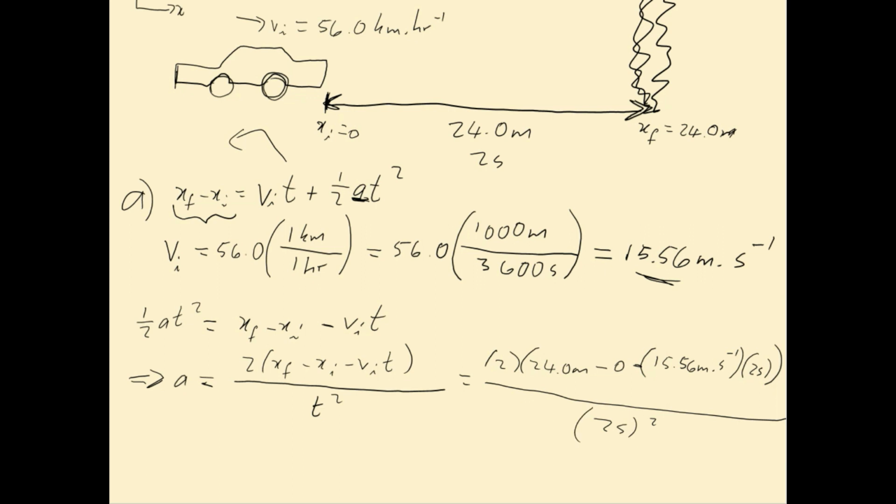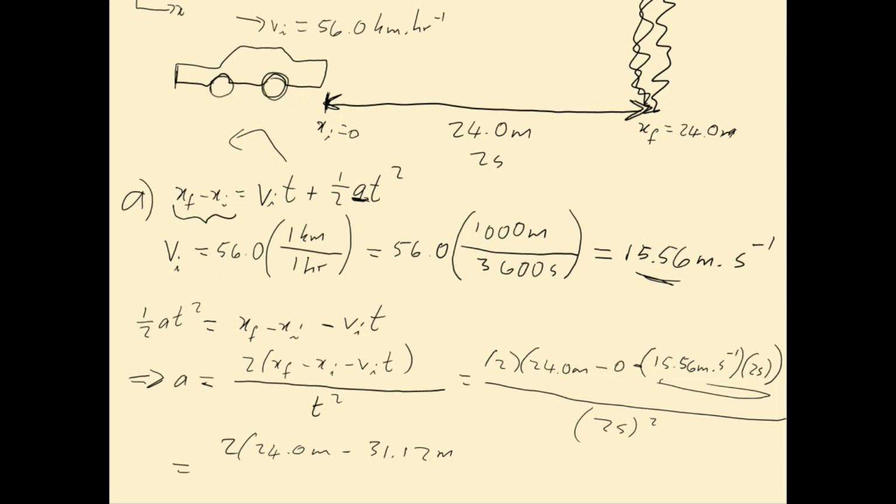Okay, let's go over here. So this number here, you can put it in a calculator, but you can probably do it in your head as well. 15.56 times 2 should give us something like 31.12. So we end up with 2 times 24 meters minus 31.12 meters.